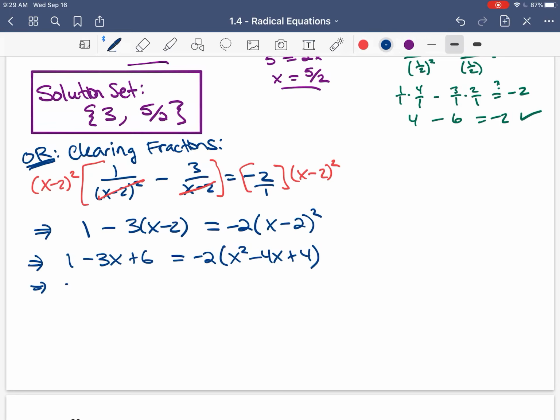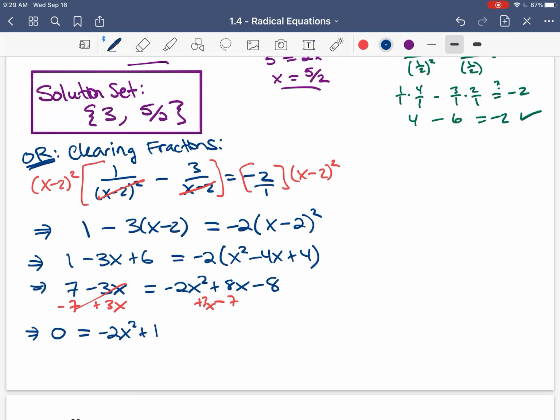So that's 7 minus 3x is negative 2x squared plus 8x minus 8. And I'm going to move these things over so that I have a 0 on one side. So then I have negative 2x squared plus 11x and then minus 15.